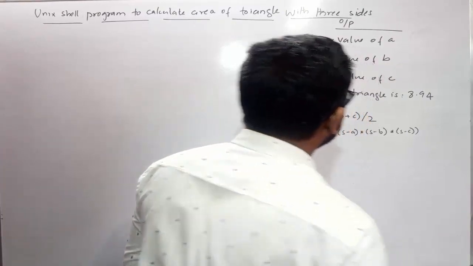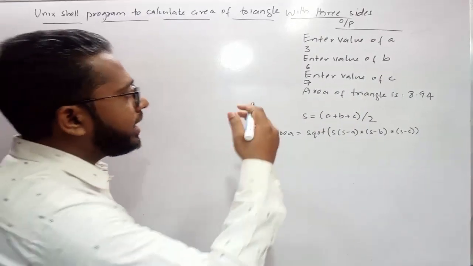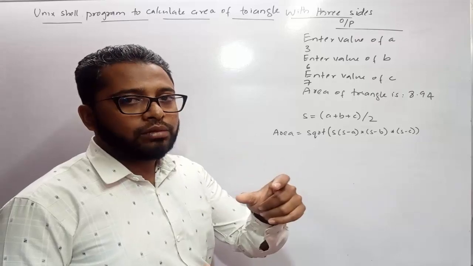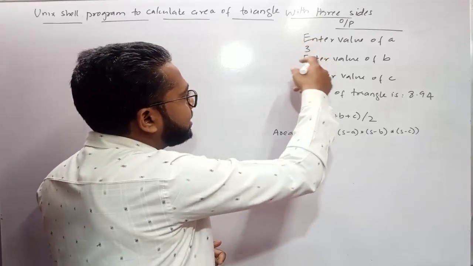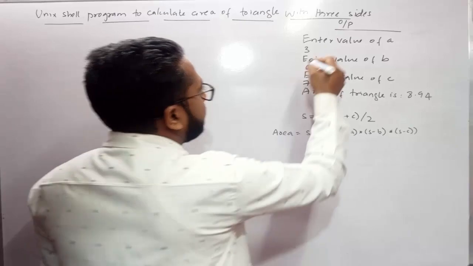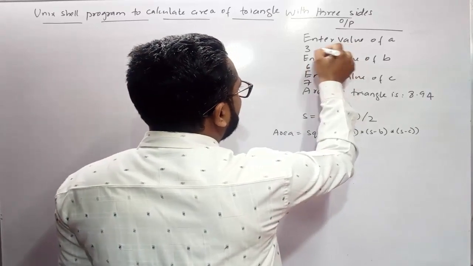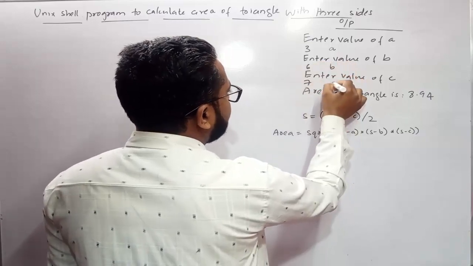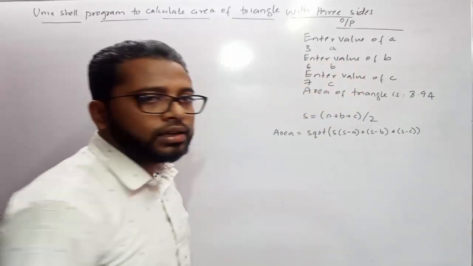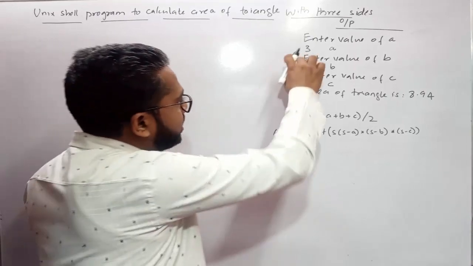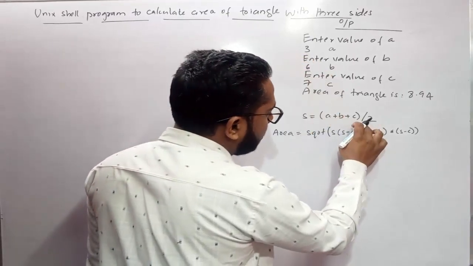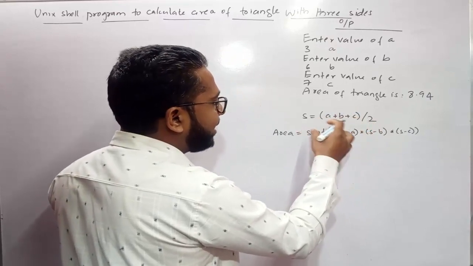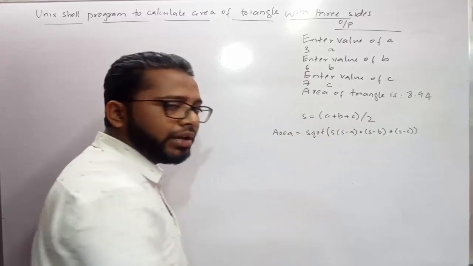Since I'm asking the user to enter the values for A, B and C, in our program I need to create three variables which will hold these three values, 3, 6 and 7. That means I will create a variable A which will hold the value 3, variable B which will hold the value 6, and variable C which will hold the value 7. Then these three values get substituted in this formula, and after performing it I will get the output, and that output I need to store inside some other variable.